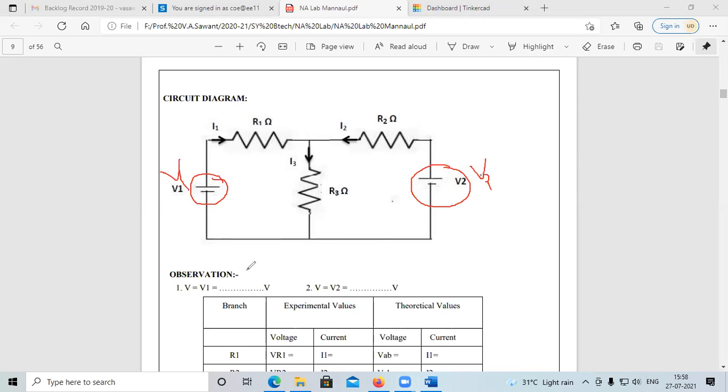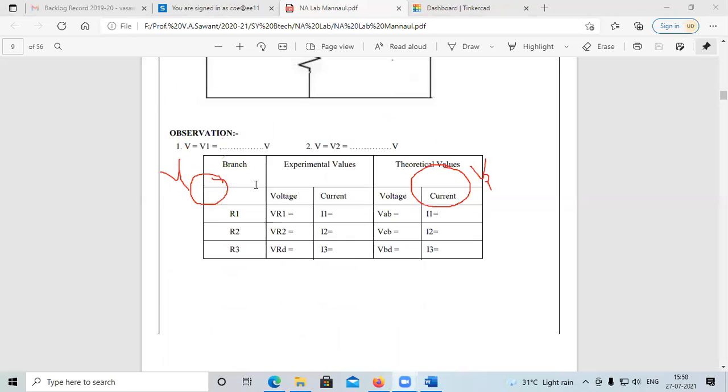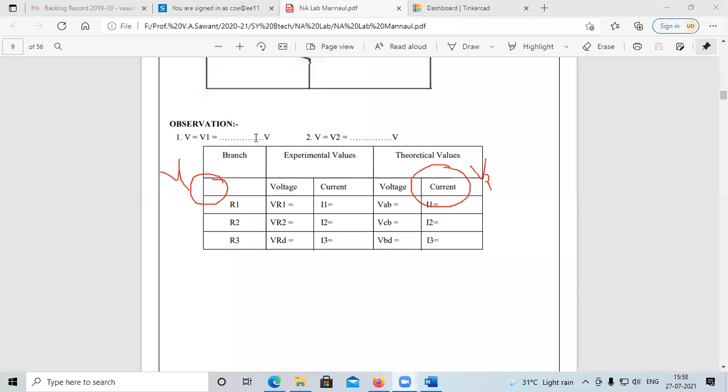So take these values, see in the observation table, before taking those values. Then after taking the values V1 and V2, write the value here. So that is V2, it is in volt. Then write the values of R1, R2 and R3. Whatever values we are going to take, write those values here. Then experimental value and theoretical value.